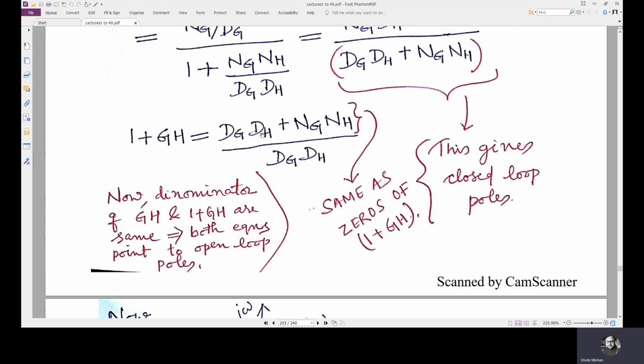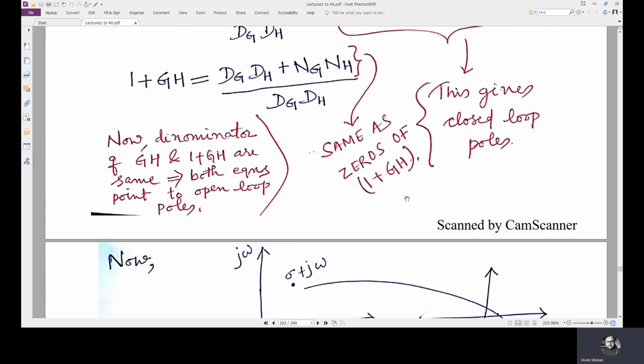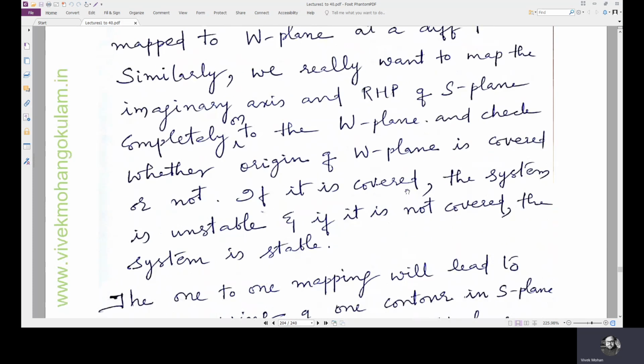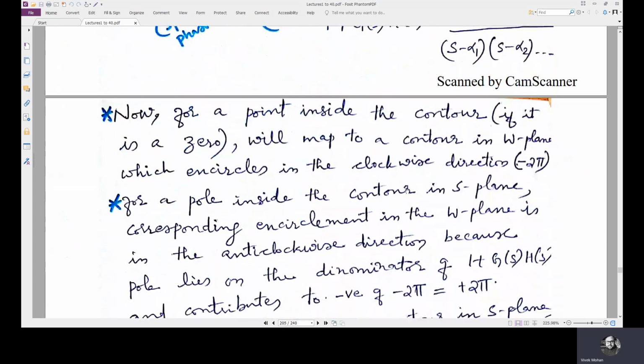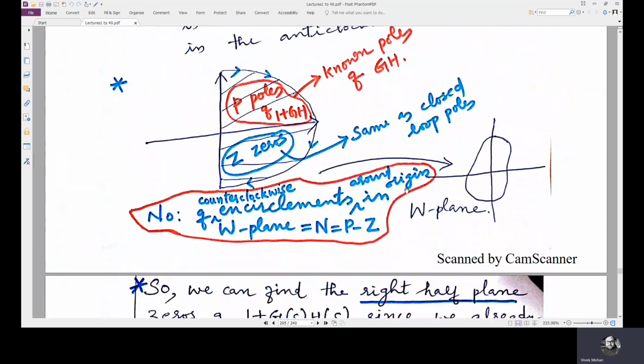That is the numerator of 1 plus GH, which gives the zeros of 1 plus GH. So basically our aim is to find the zeros of 1 plus GH so that we get the number of closed loop poles on the right half plane, and by that we comment on the stability.